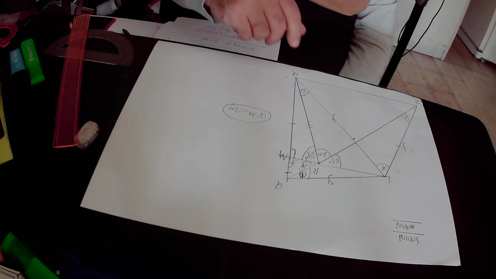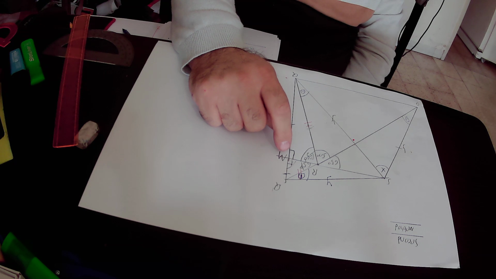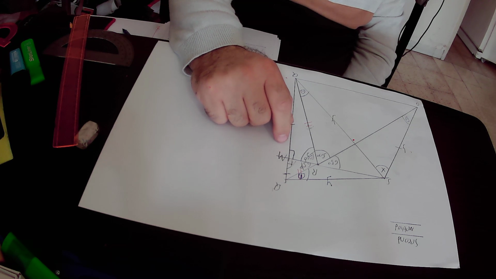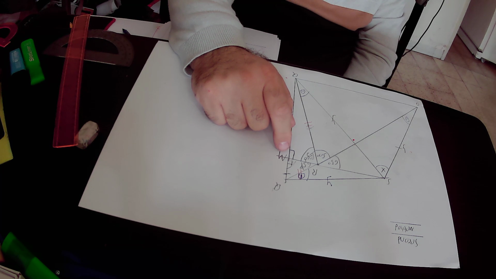Then we actually proved that this angle equals 90 degrees. This is a straight line, therefore the sum of the angles on one side at point M must equal 180 degrees.